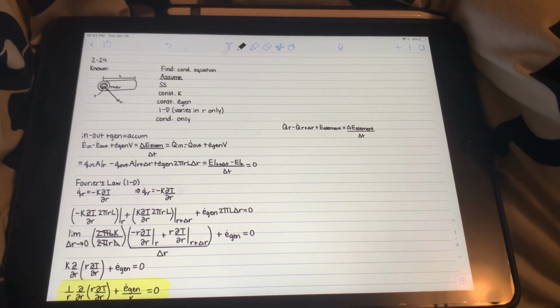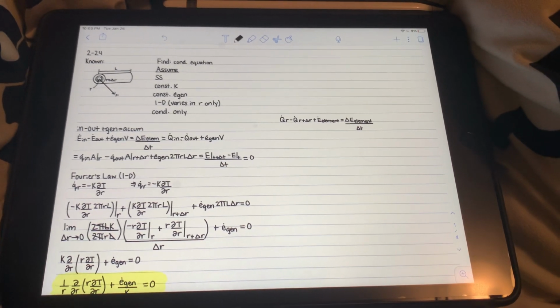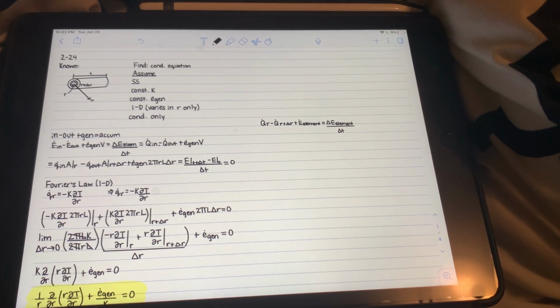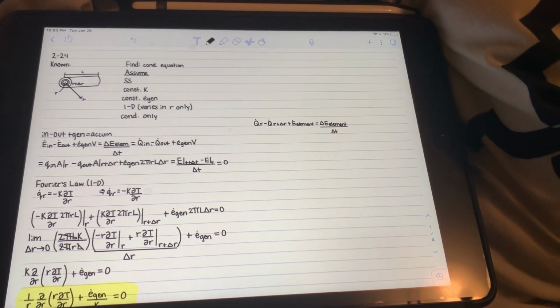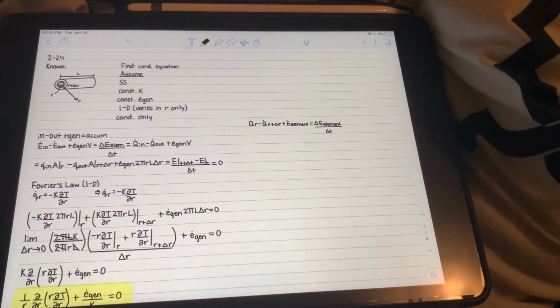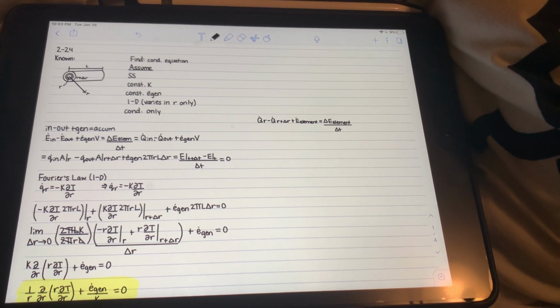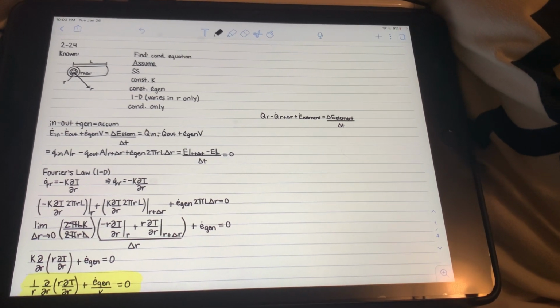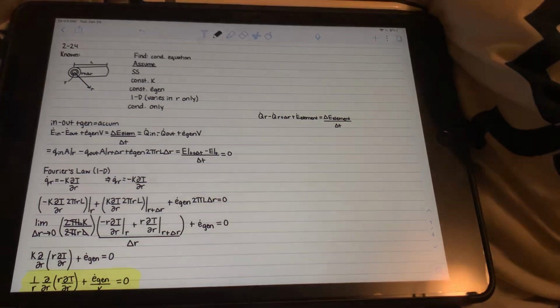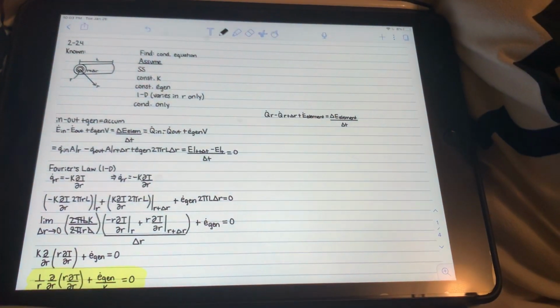2-24 was deriving the conduction equation for this cylinder. So we assumed it was steady state, constant K, constant E dot gen in one dimension. It's only varying in R and it's only conduction. So we start out with the energy balance, or just a balance in words, and then convert it to terms.